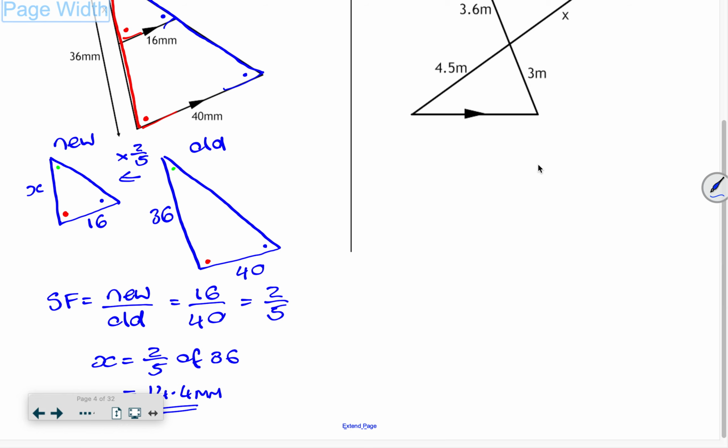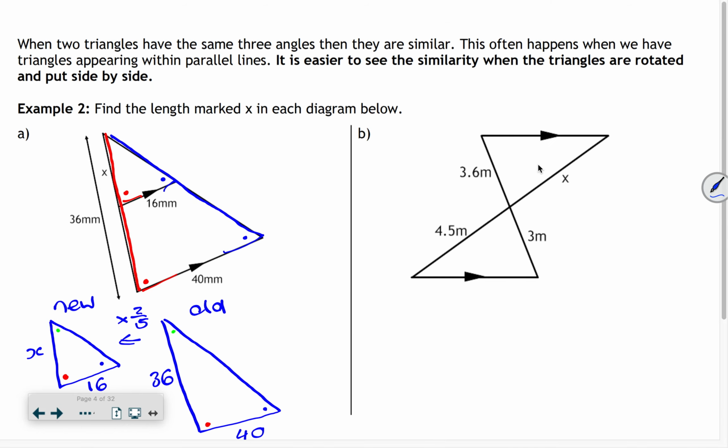The next bit that we're looking at, we have example B. Excuse me. And again, these are similar triangles. This time we're looking at a Z angle. So, or Z and X we're having here, actually. So if we were to look at it, if you remember from your first year knowledge, this angle in here is the same as this angle in here.